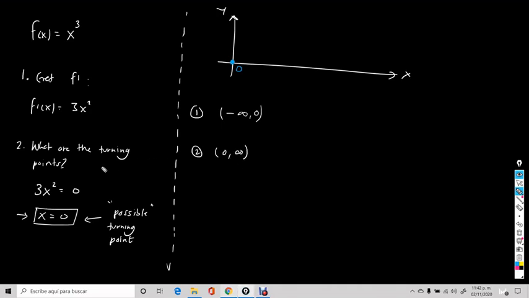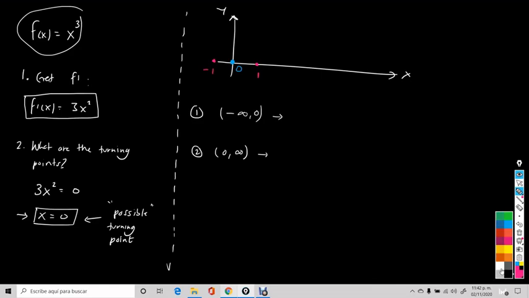All I need to know now, in order to see what type of behavior my function is showing to the left or to the right of this possible turning point, is evaluate the derivative. I evaluate it at any number, let's say minus 1 and 1, and let's see what we get out of those evaluations.